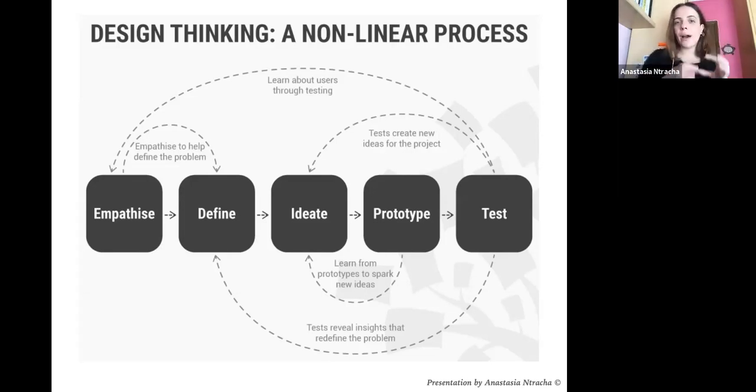Once you have narrowed down to specific ideas, you do some rapid prototyping, throw it into the market, get some feedback, and then go back to refining your project.